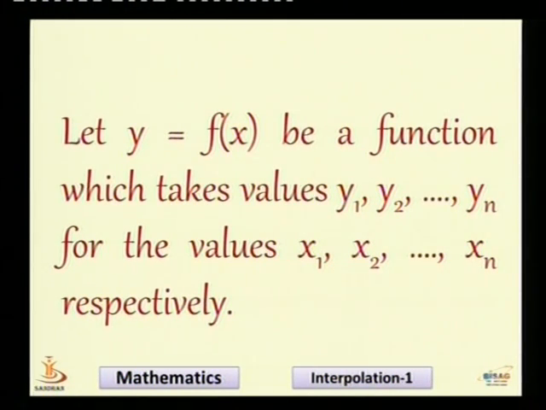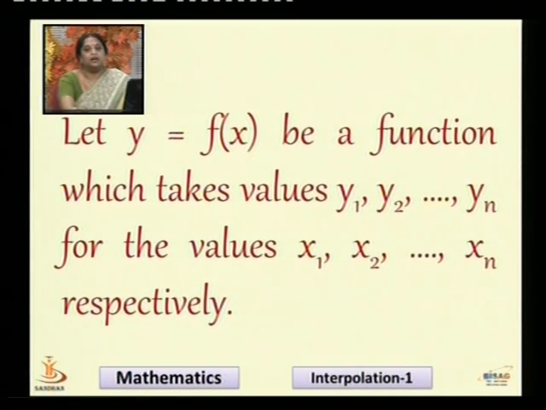Let us assume that x and y are related by a function f(x), that is, y is equal to f(x). Let this f(x) be a function which takes values y1, y2, y3, so on and so forth, yn, for the values of the independent variable x1, x2, x3, so on and so forth till xn respectively.